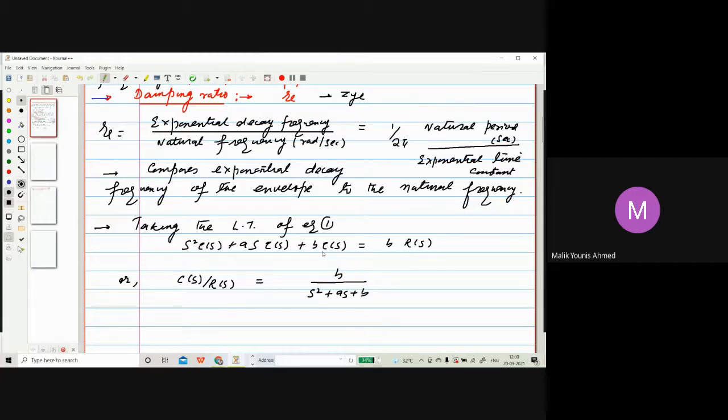This is what we considered earlier also. Now, let us first consider when the constant a is 0.